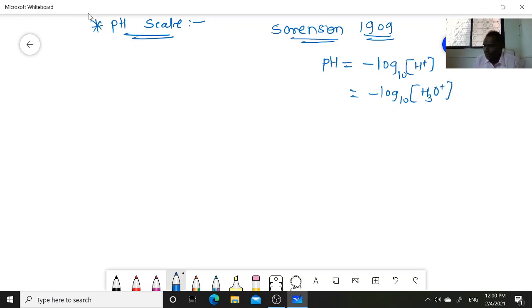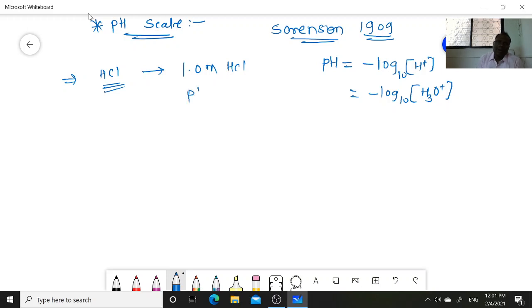Therefore, if I use a strong acid in water, as we said, if I add an acid in the water, water will behave as a base. If I add a base in the water, water will behave as an acid. If I use a strong acid like HCl, the pH of 1.0 molar HCl solution, this is a strong acid, it will dissociate completely.